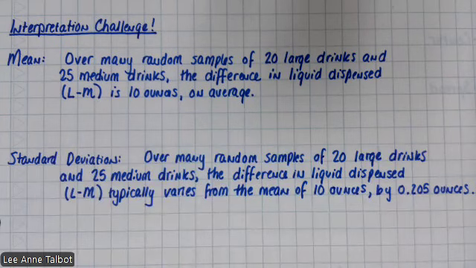Now, you could say the average difference in liquid dispensed instead, that's totally fine. So you could put the word average in front of difference, or you could put it at the end. I don't care, as long as average is in there somewhere.